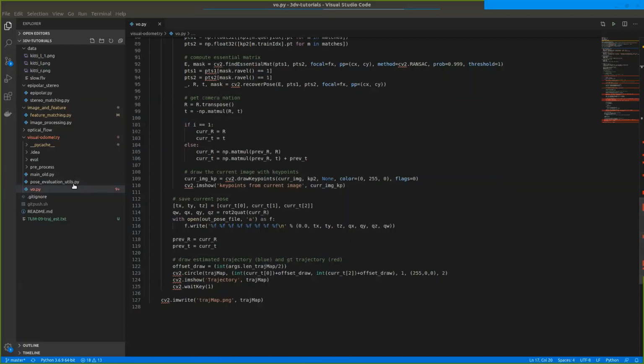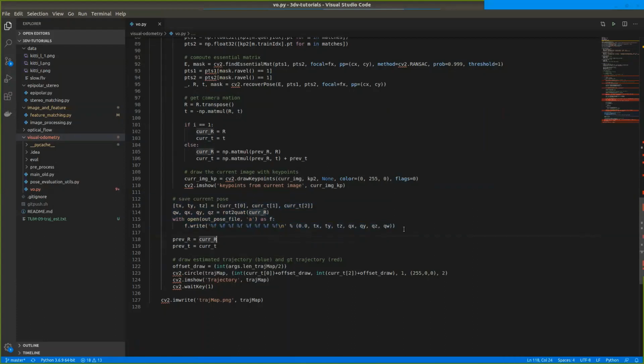For my case, in the sequence 0 folder, you can see the image 2 folder, the image 3 folder, and there is a file called poses.csv. The poses.csv is the ground truth. For the code, I think you are loading the txt file, not the CSV file.